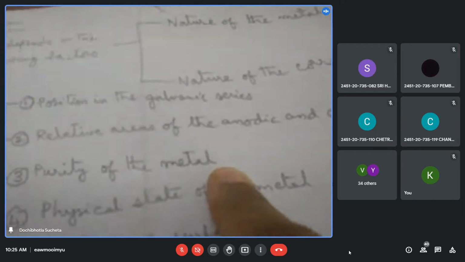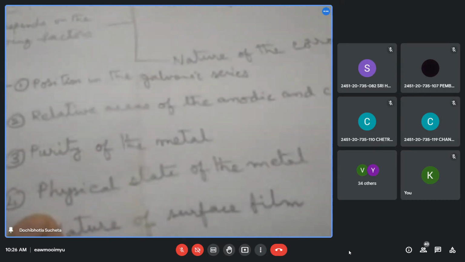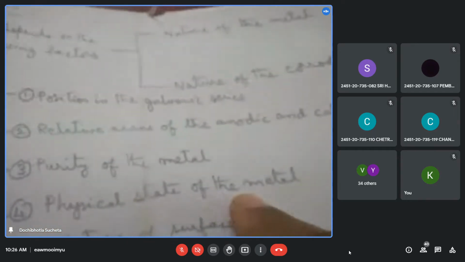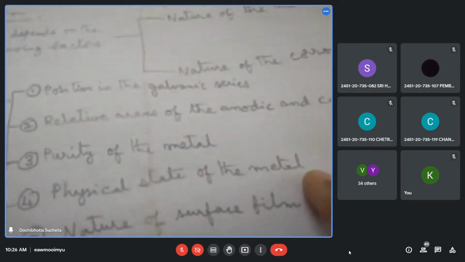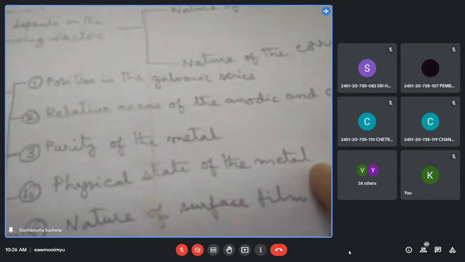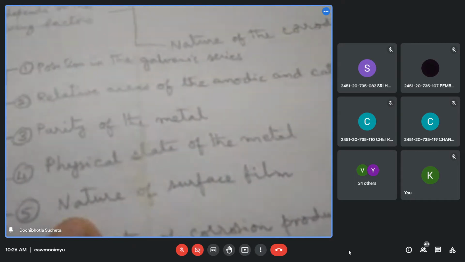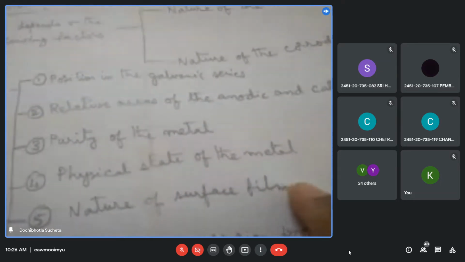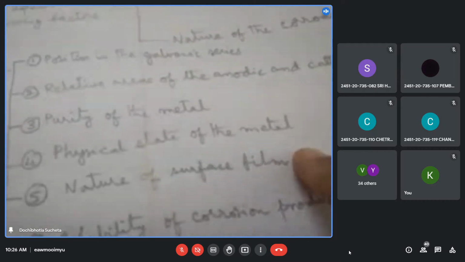The fourth one is physical state of the metal. The fifth one is nature of the surface film.